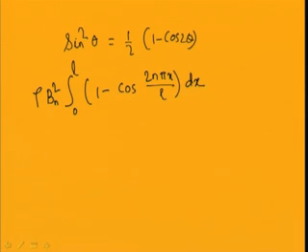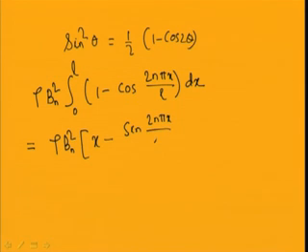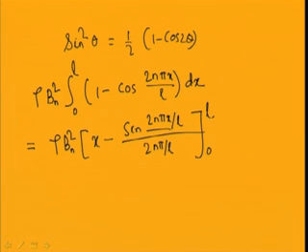This integration becomes x minus sin 2 n pi x by L divided by 2 n pi by L, from 0 to L.